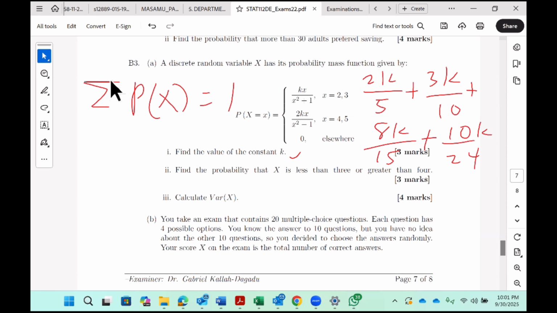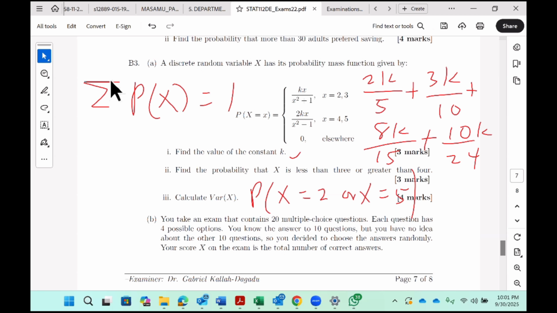So you find the probability that X equals 2 or X equals 5. Then you substitute that in place of this and this one. If you know the value of K, then you can easily calculate those probabilities, and that is all. Then calculate the variance.